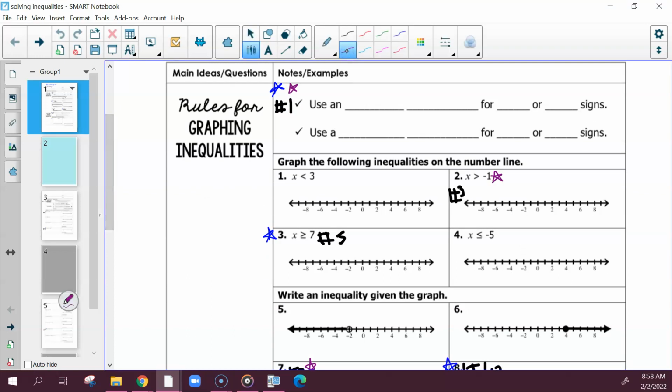So for this first part, you need to use an open circle for less than or greater than, so that's strictly less than or strictly greater than symbols. And then a closed circle for less than or equal to or greater than or equal to symbols.